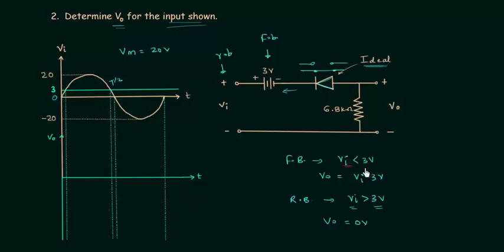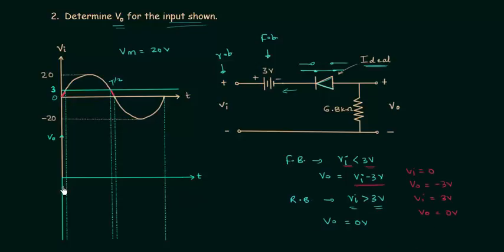When Vi is less than 3 volts, this means for this section of the input waveform, VO is equal to Vi minus 3 volts. So when Vi is equal to 0, VO is equal to minus 3 volts. When Vi is equal to 3 volts, VO is equal to 0 volts.